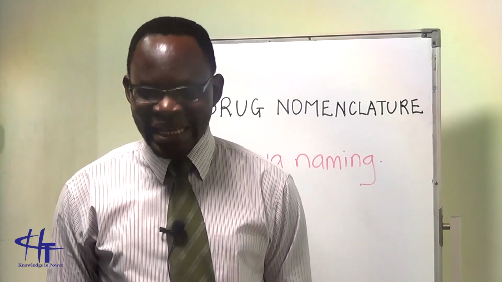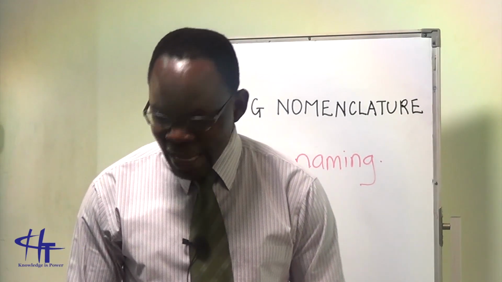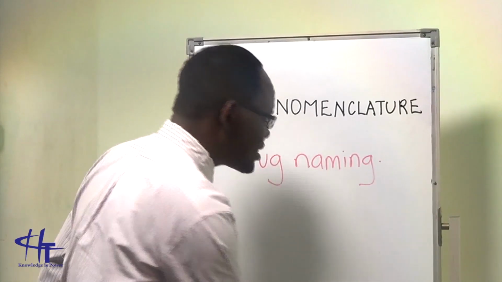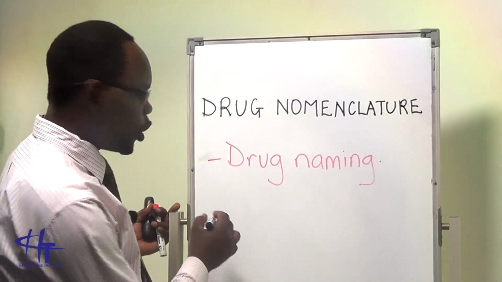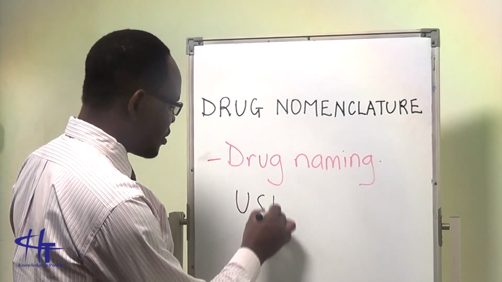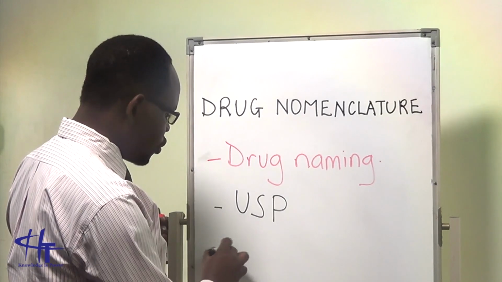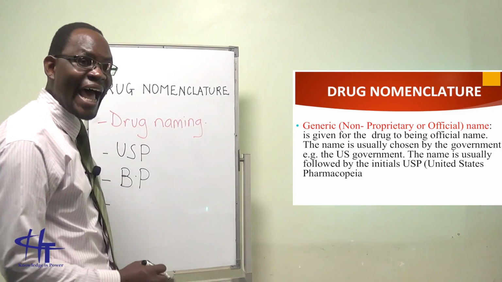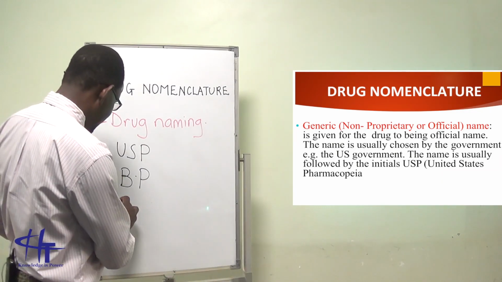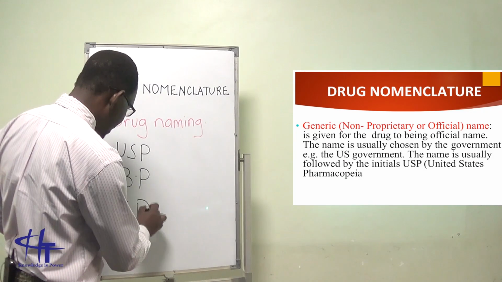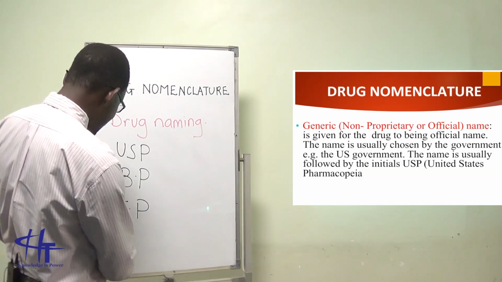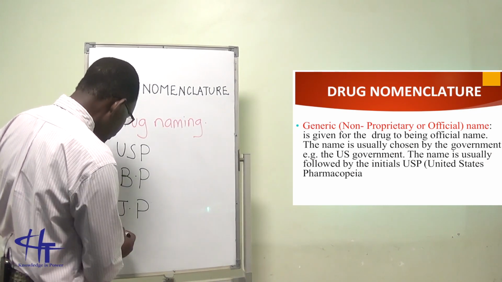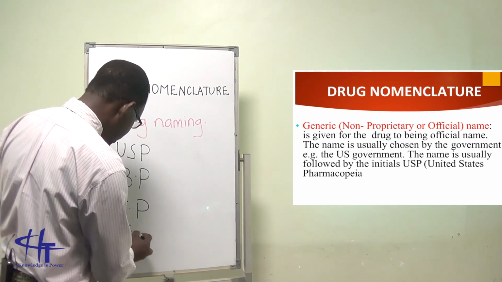Now, in most cases you will find these names having an addition. In addition to the name itself, you'll find them having USP, or you'll find it having BP, or sometimes you'll find it having JP, which is Japanese pharmacopoeia, or sometimes you'll find it having European pharmacopoeia.